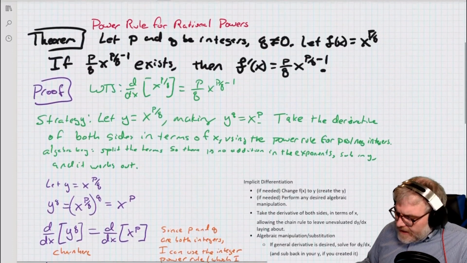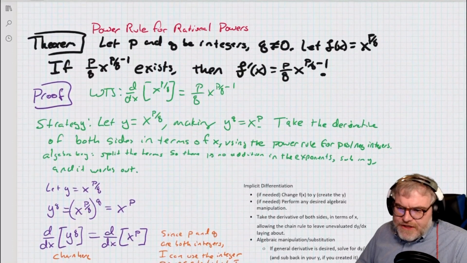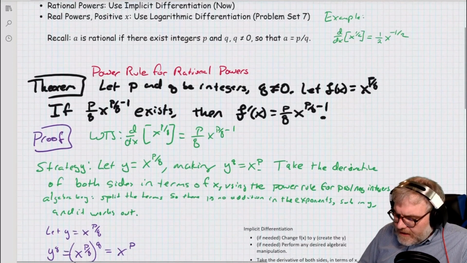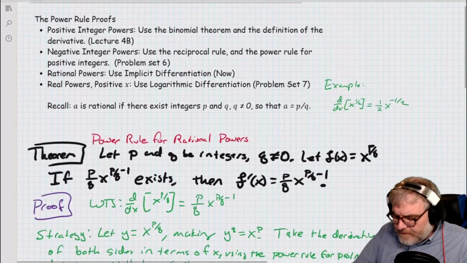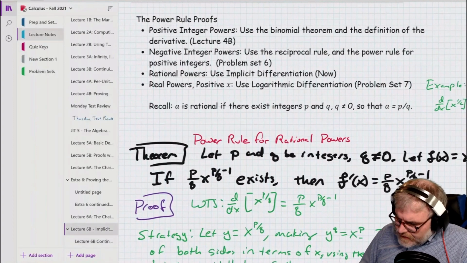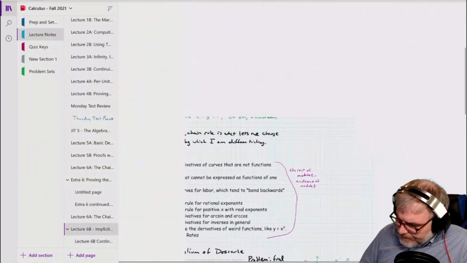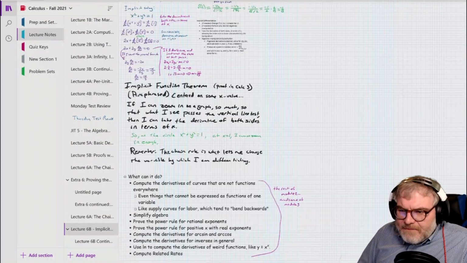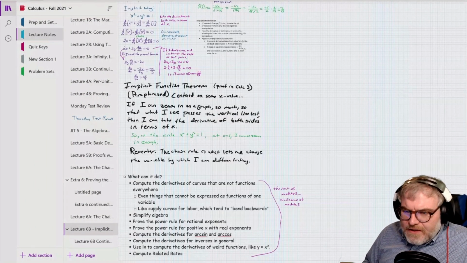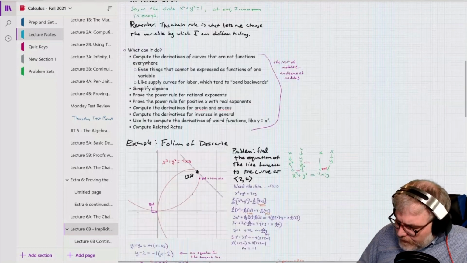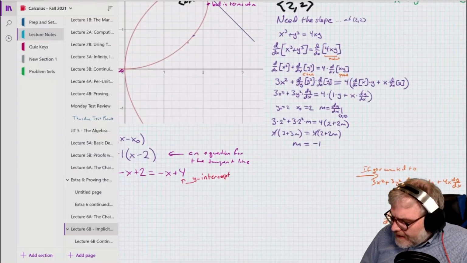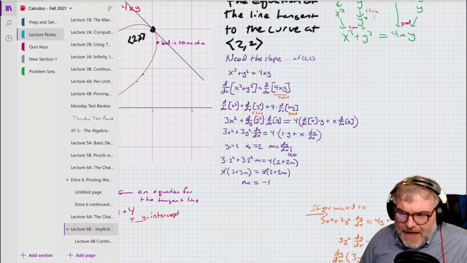Okay, so today what we did was we played around with implicit differentiation. We did the example with the circle. We talked about the method. We talked about the implicit function theorem a little bit. And then we did the Folium of Descartes. And I made this point here that you have to watch out for things like power rules.